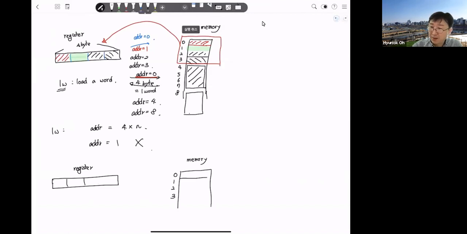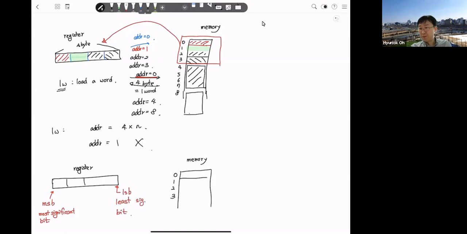So in the register, this is the high position, the most significant bit, MSB. And the last one is the LSB, the least significant bit.